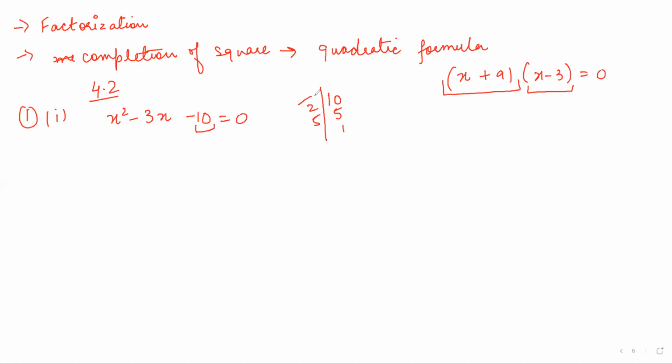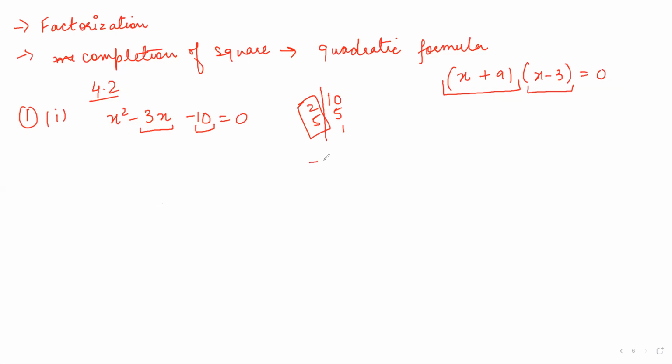Now you have to take the combinations of these prime factors such that on adding or subtracting them, you should get minus 3x, which is your middle term, correct? This is called splitting of the middle term. So if I take 5 minus 2, I get 3, correct, Harsha? Yes, ma'am. But I want to get minus 3.